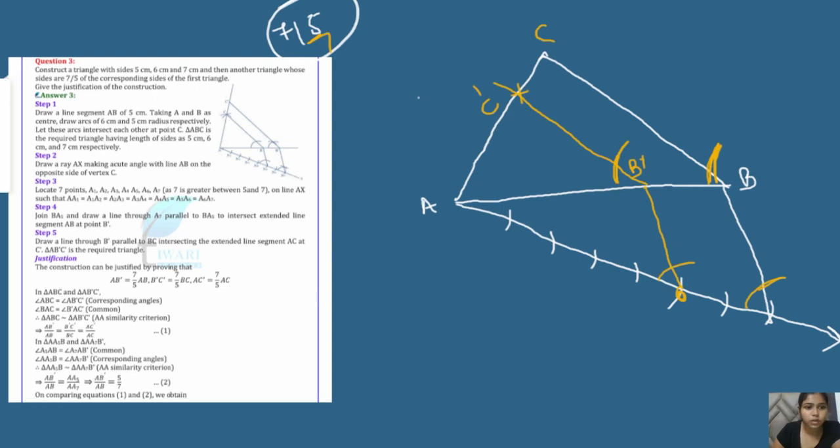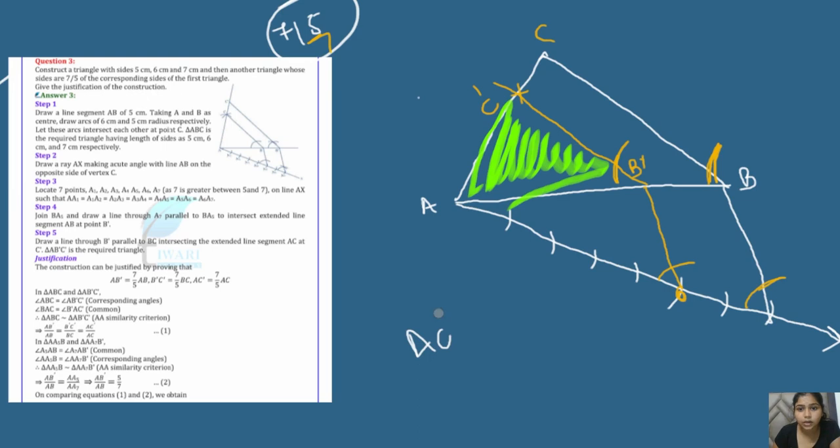So this particular figure I have shaded will be named as AC dash B dash, the required similar triangle.